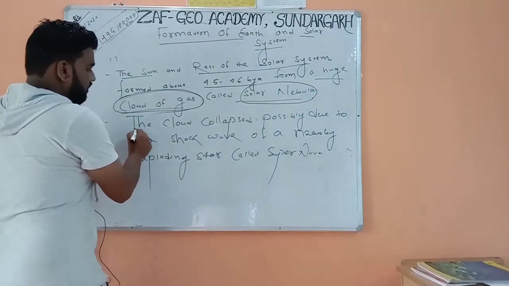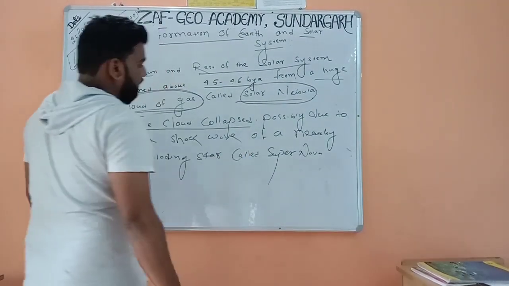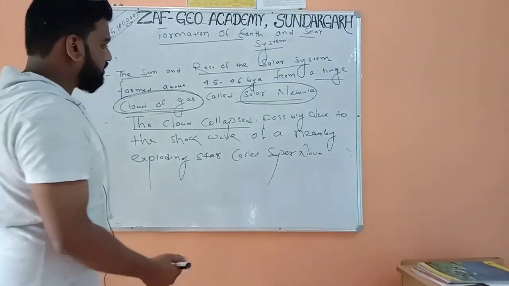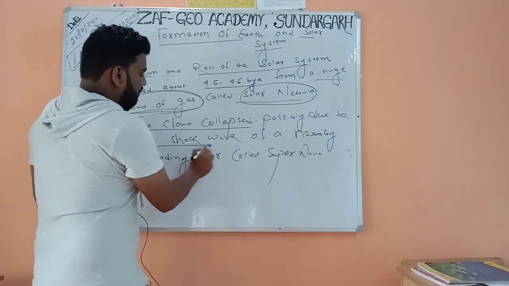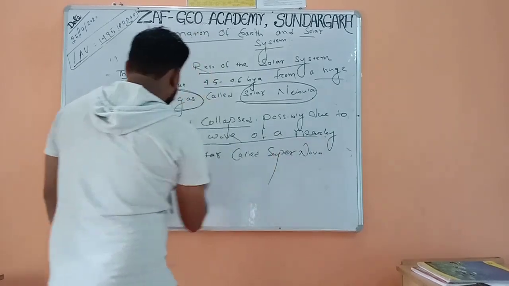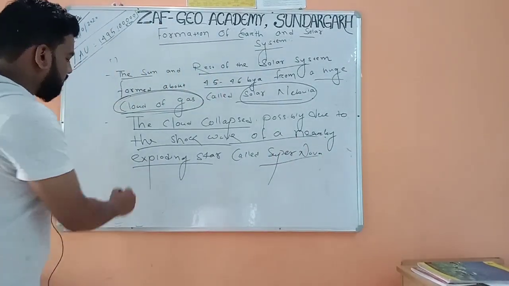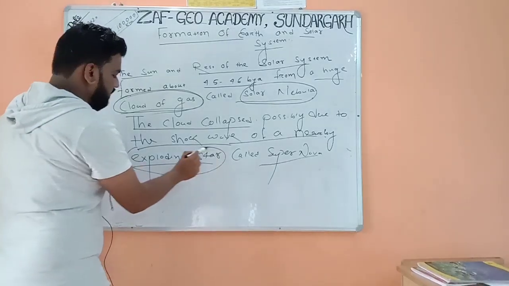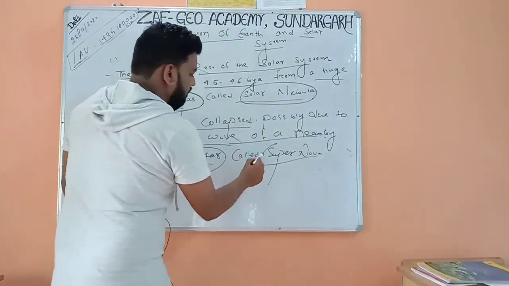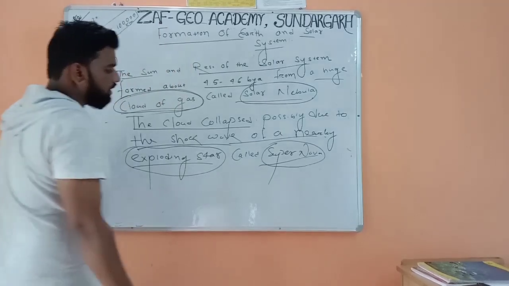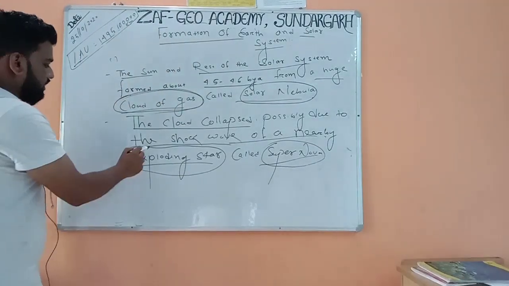Now the cloud collapsed. Why did the cloud collapse? Due to the shock wave of a nearby exploding star called a supernova. You may know the exploding star is a supernova if you watch the Discovery Channel or National Geographic Channel.